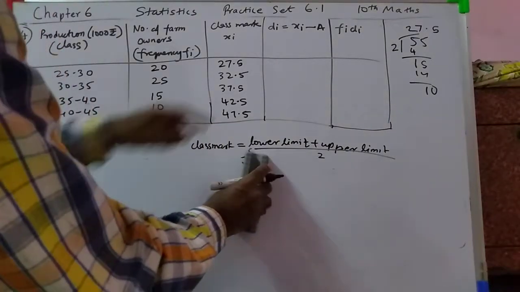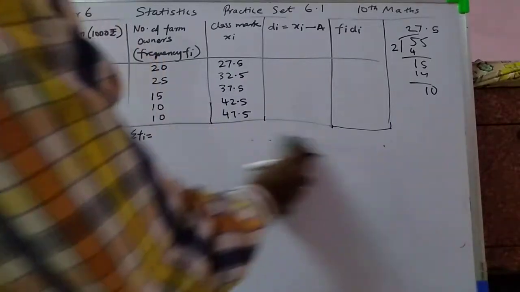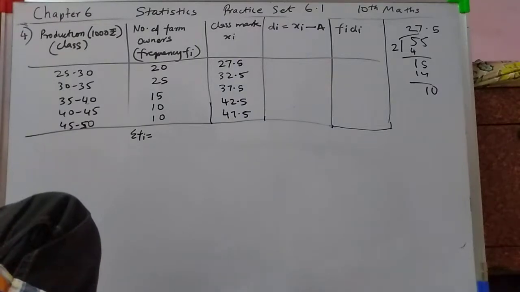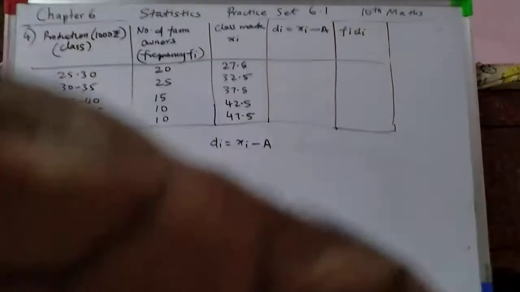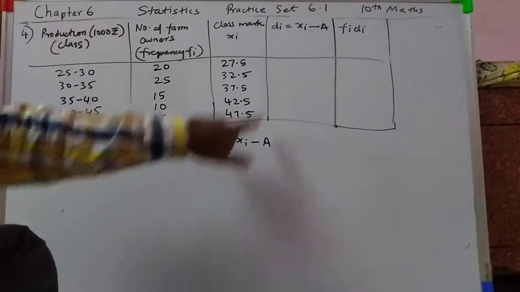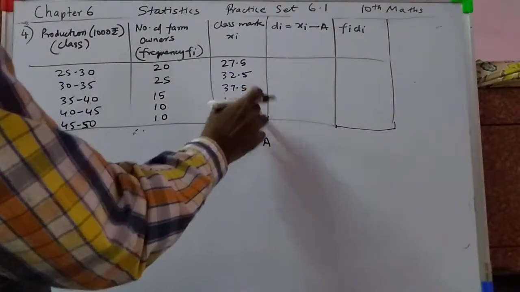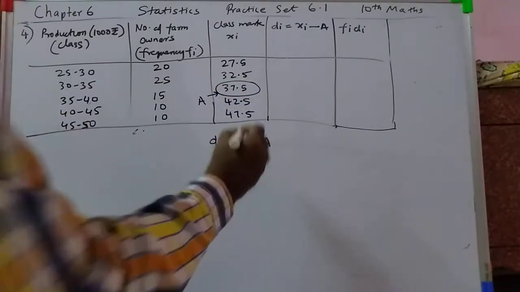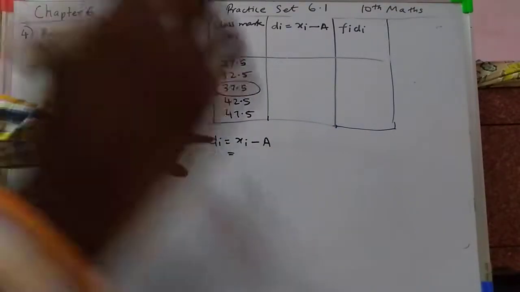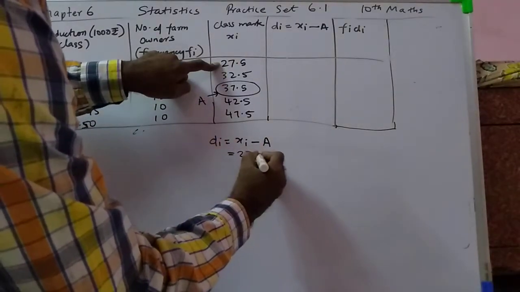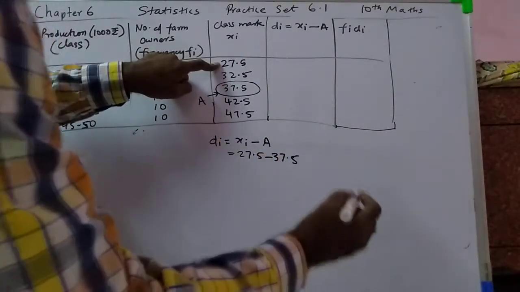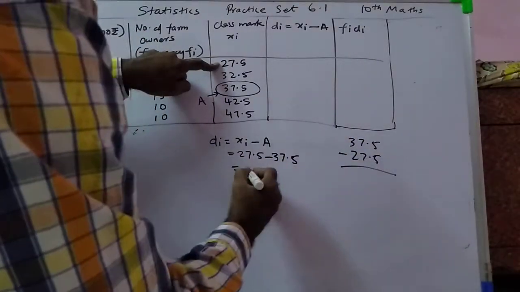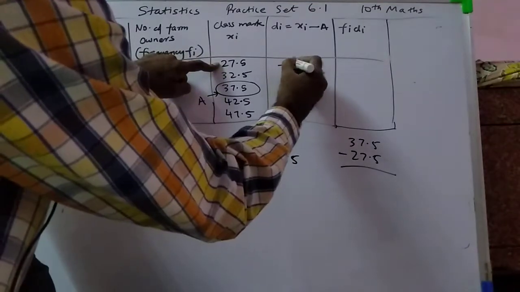Now we will calculate this. 1, 2, 3, 4, 5. The middle is this, so this is A. So 27.5 minus 37.5, that would be minus 10.